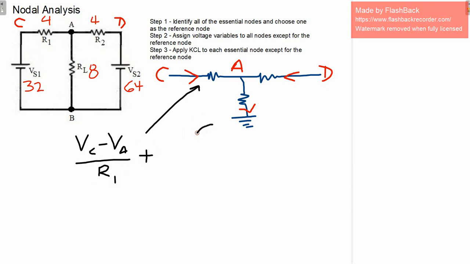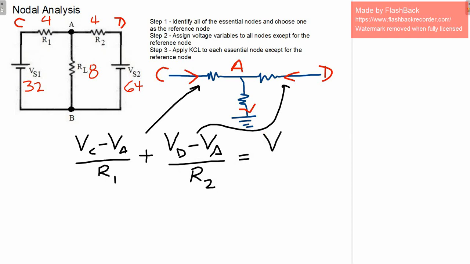The current coming in from the right is represented by VD, subtract VA, all over R2. Those are the two currents going into node A. That's equal to the current exiting the node according to KCL, which is VA, subtract 0, which is really VB, and divide that by the load resistor. So there, we have an equation.